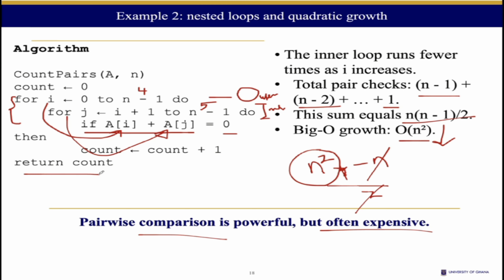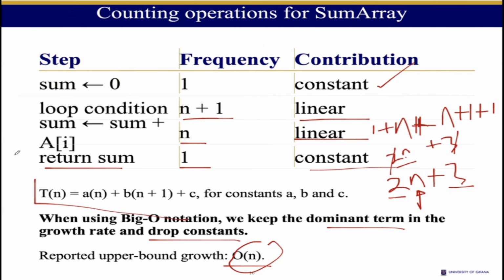So this will be one operation, this adding, this also performing. We add all of them up, and when we expand and evaluate, we get this n squared.